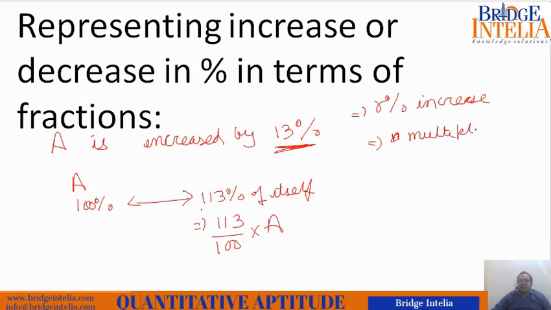You multiplied A with 113 by 100. So from where did 113 come? 100 plus 13. So the multiplication factor in case of R percent increase is 100 plus R by 100. So this is the multiplicative factor.